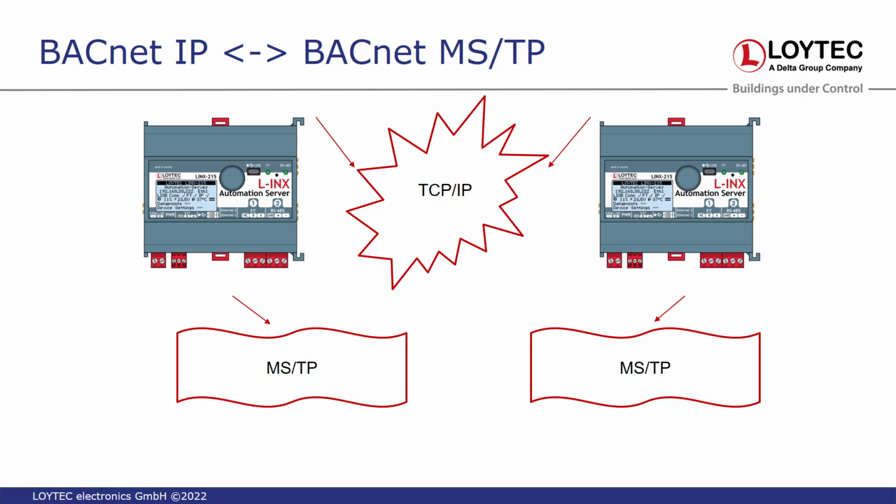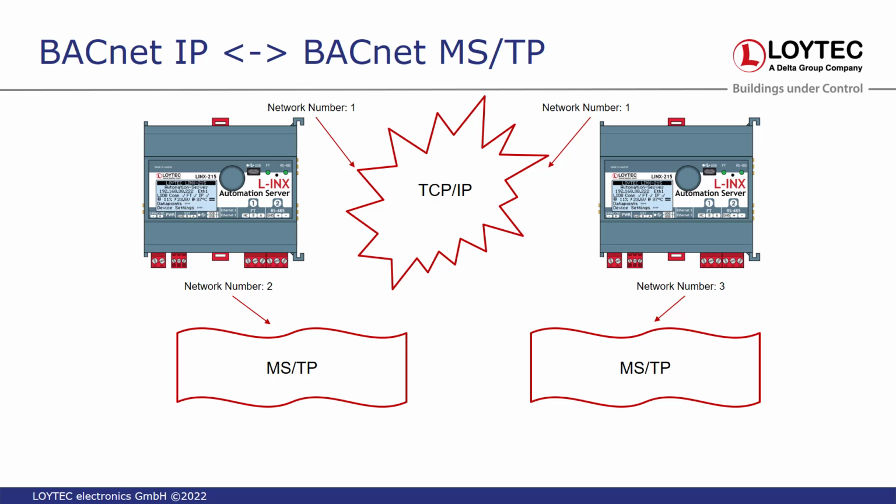So basically, what you need to have is you need to have unique BACnet network numbers, right? As just mentioned in the LSTT, and so that is the one point you need to make sure of.